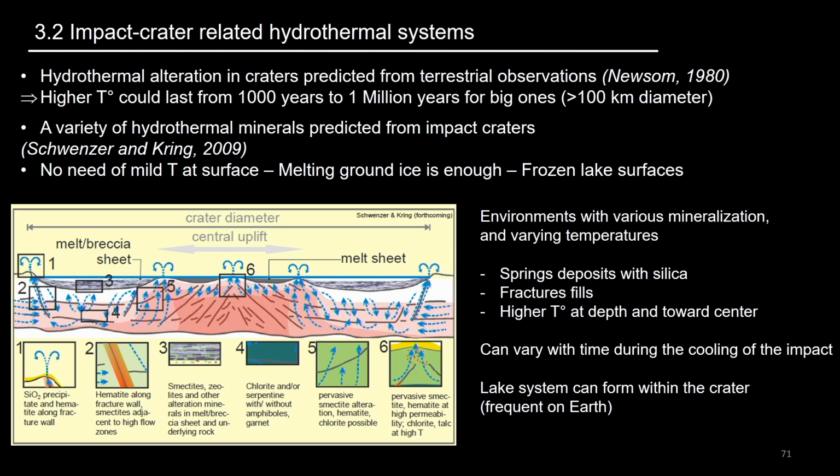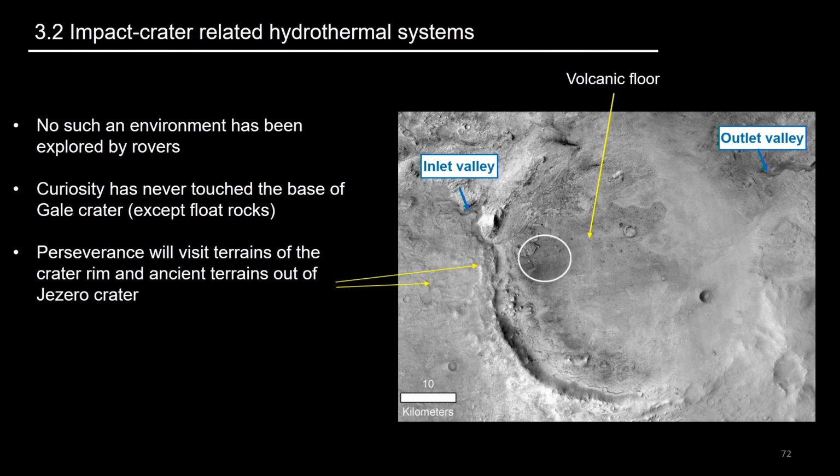Because according to this paper, we have a lot of different environments possible within an impact crater touching a planet like Mars. Even today, or even in recent times, if you have just ground ice and no more groundwater, then you can melt the ground ice and form a variety of different types of hydrothermal environments. And when you think about hydrothermal environments, of course, you can have many things related to life around this kind of system.